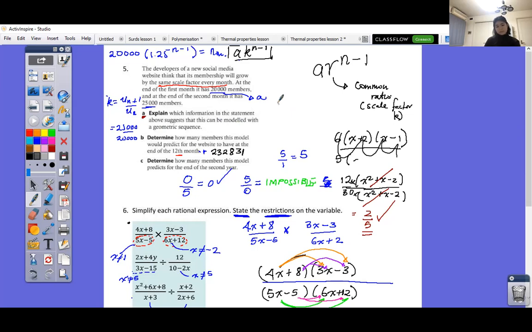So if I have 1, 3, 5, 7, this here is an arithmetic sequence. There's the same difference between two successive numbers.